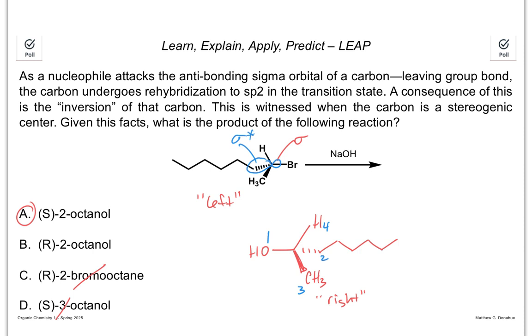So the way that I look at this, I imagine putting my eyeball opposite that CH bond. So my eye is down here, and I'm looking that way. So I can sort of do that in my head, and then when I do that, the 1 going to the 2, that's starting counterclockwise, so that has to be S.